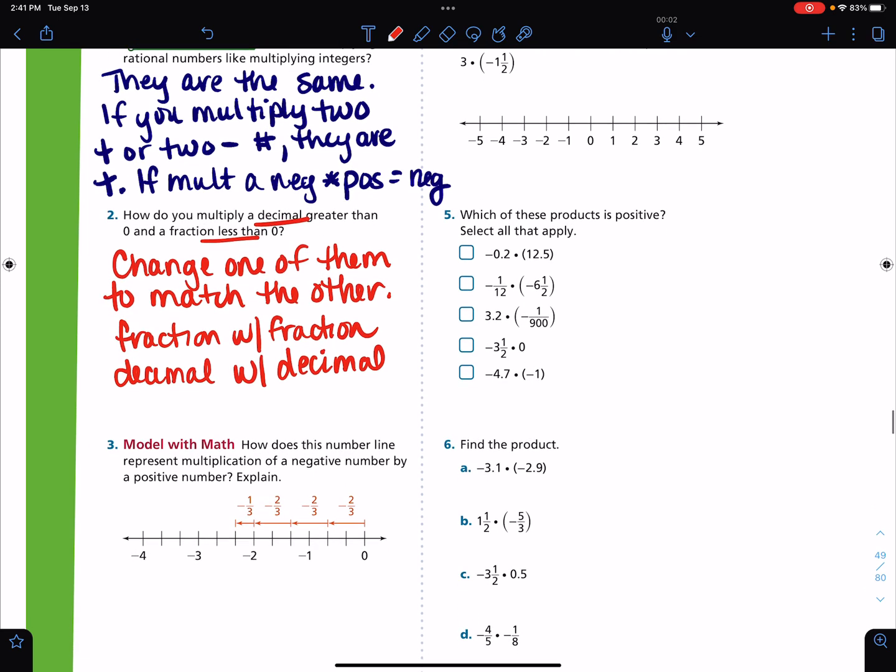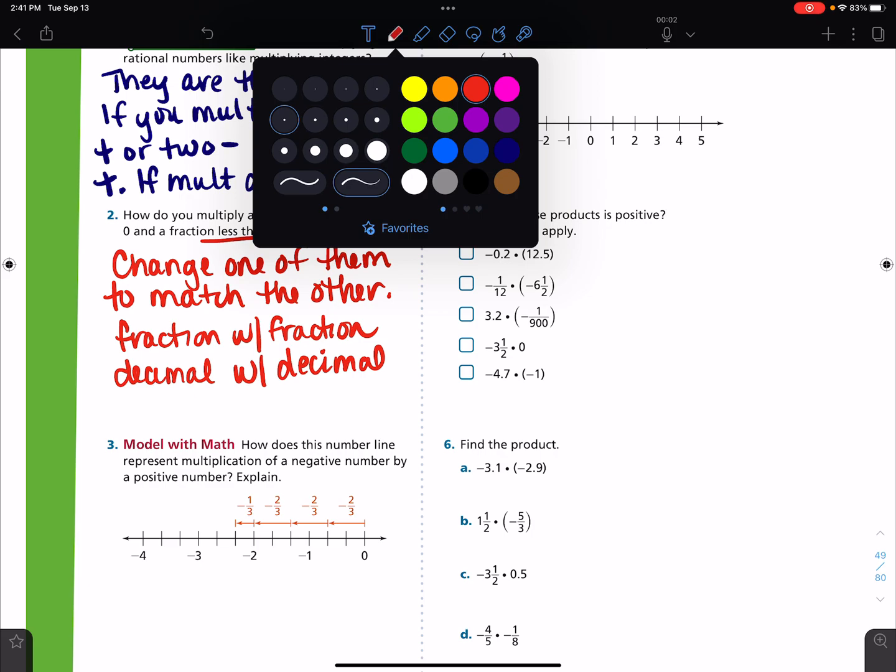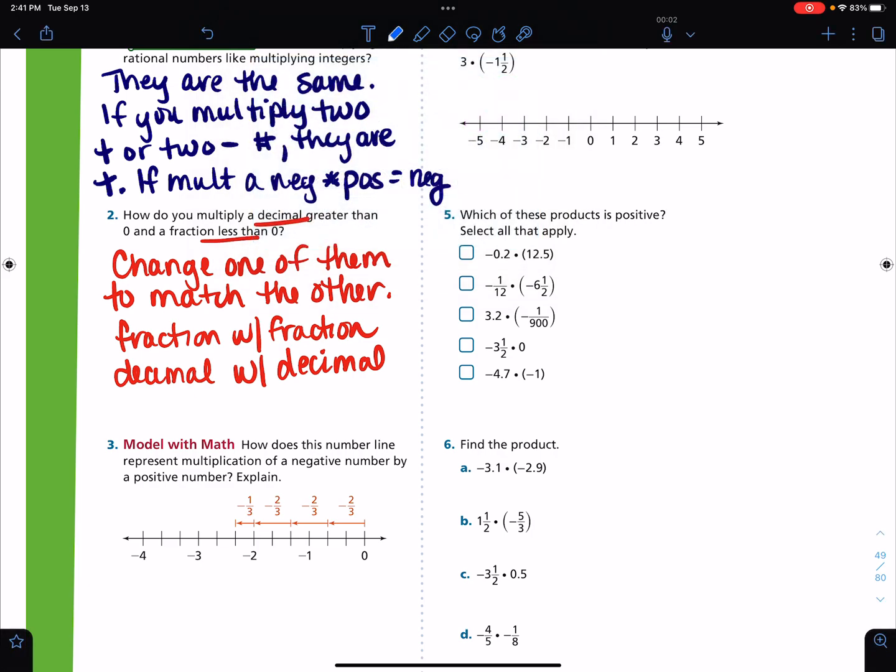How does this number line represent multiplication of a negative number by a positive number? Well, let's see here. Let's go with blue. So this is a negative number by a positive number.